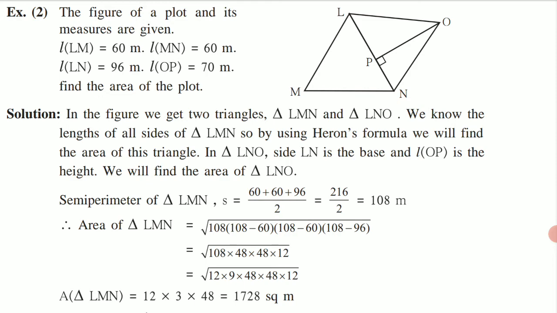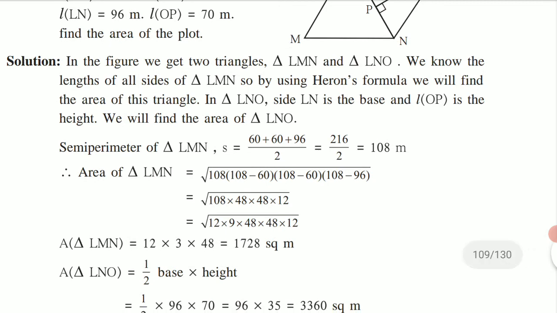Semi-perimeter of triangle LMN is s equal to (60 plus 60 plus 96) upon 2, equal to 216 upon 2, equal to 108 meter. Therefore, area of triangle LMN is equal to square root of 108 into (108 minus 60) into (108 minus 60) into (108 minus 96).